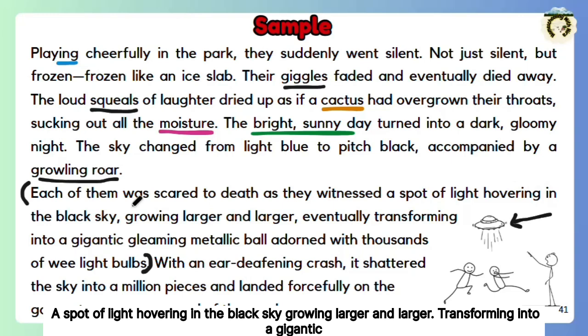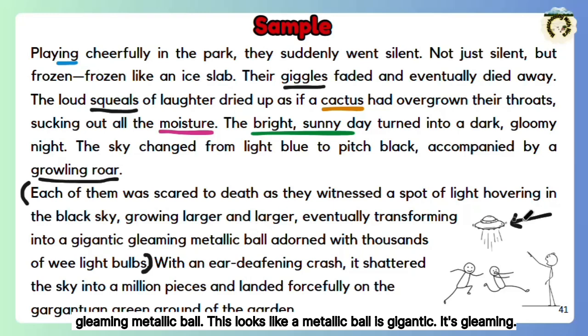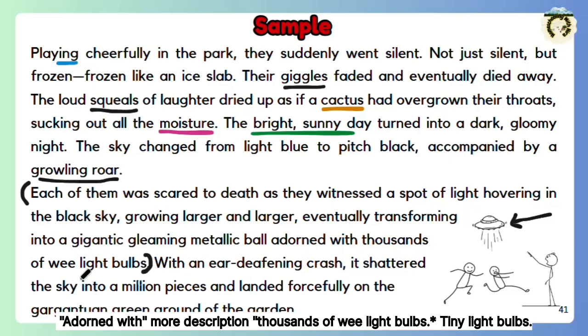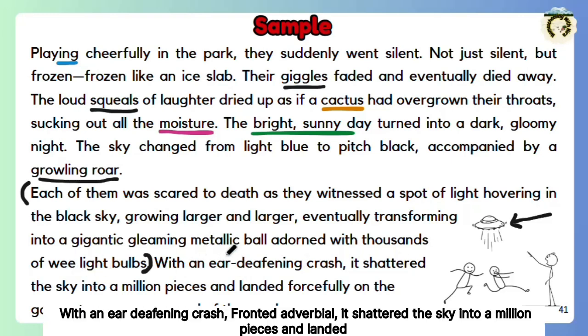A spot of light hovering in the black sky, growing larger and larger, transforming into a gigantic gleaming metallic ball. This looks like a metallic ball, is gigantic, it's gleaming, adorned with more description, thousands of wee light bubbles, tiny light bubbles, with an ear deafening crash.